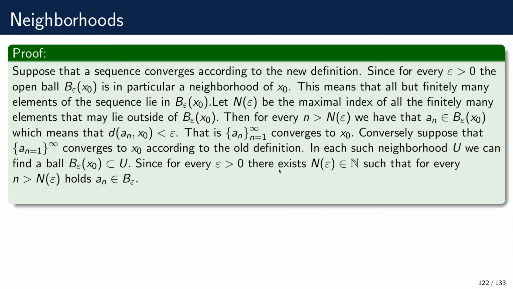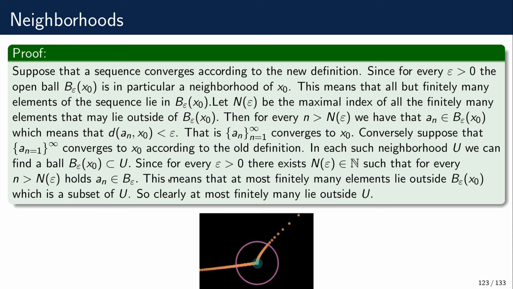So for every epsilon, there exists n(epsilon) such that for every n greater than n(epsilon), a_n is in this ball. This indicates that only finitely many elements can lie outside: only elements with indices from 1 up to n(epsilon) may lie outside this ball, and all others must lie inside it.